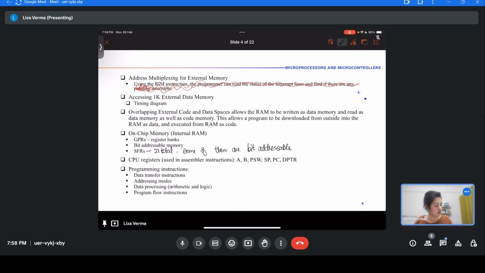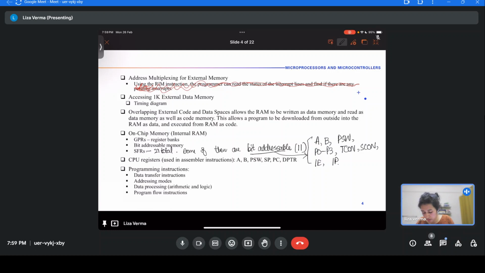So, 1, 2, 3, 4, 5, 6, 7, 8, 9, 10, 11. 11 of them are bit addressable. Okay, these are bit addressable.